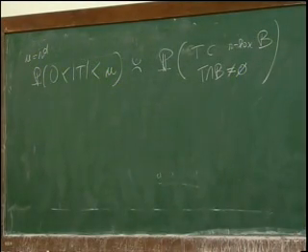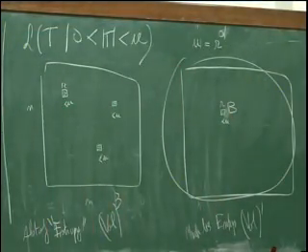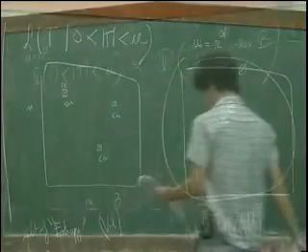This tiny box here will usually be called B. Of course this is not a proof yet. It's just what we're guessing.